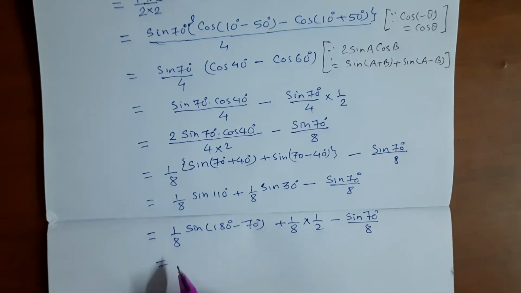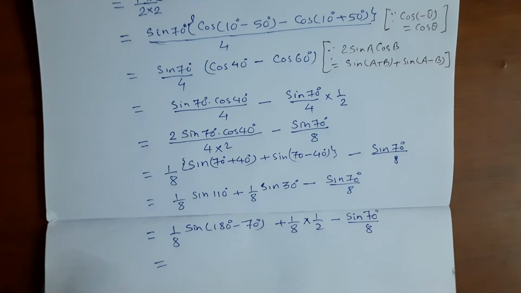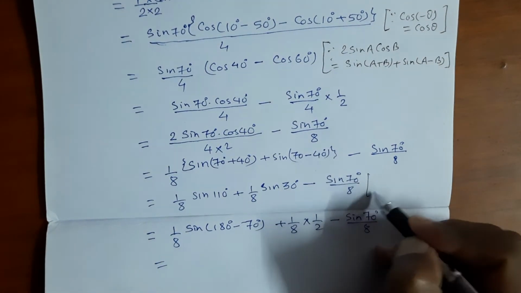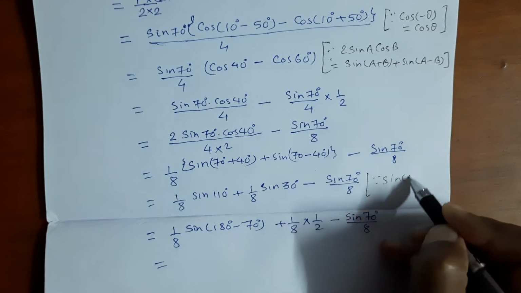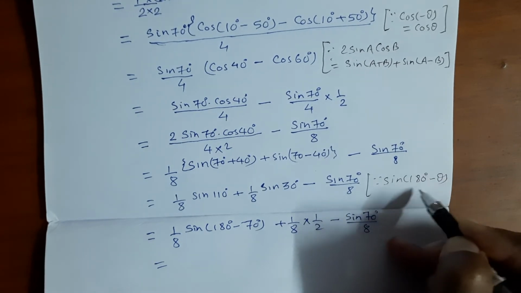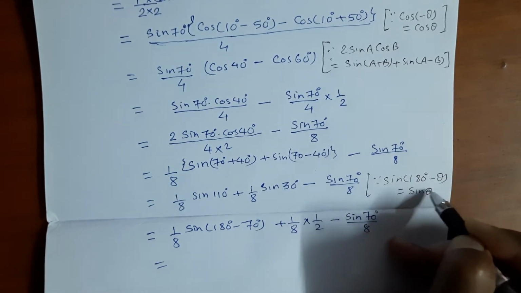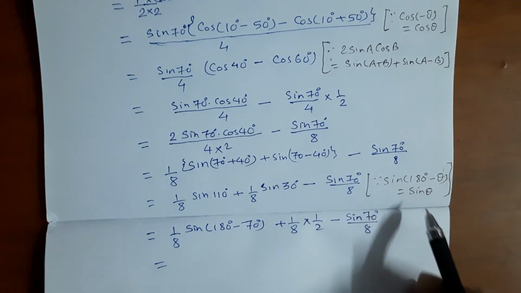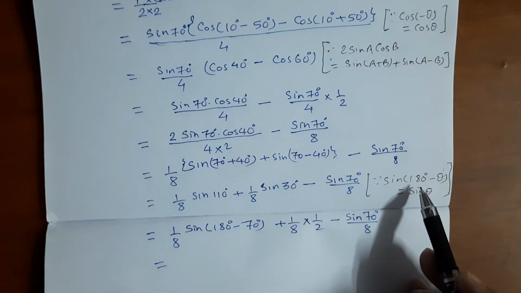Our formula for sin(180 minus theta) is sin theta, because here 180 is an even multiple of 90, that is 90 times 2.